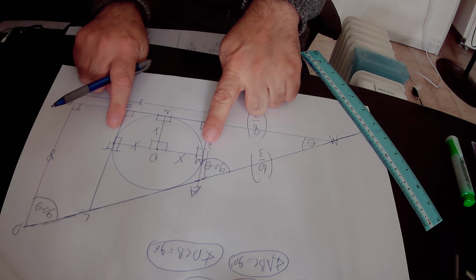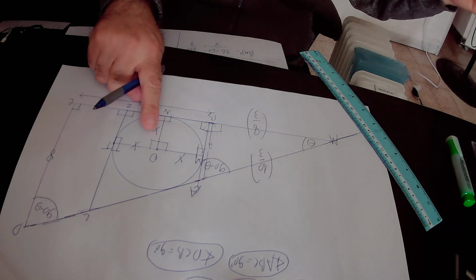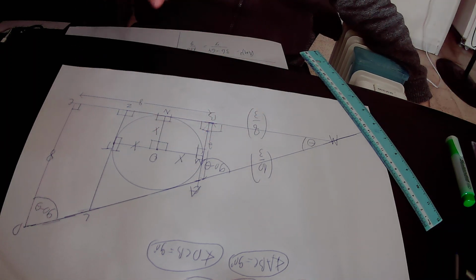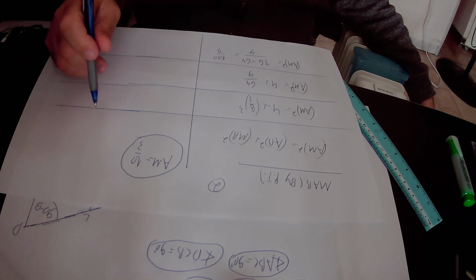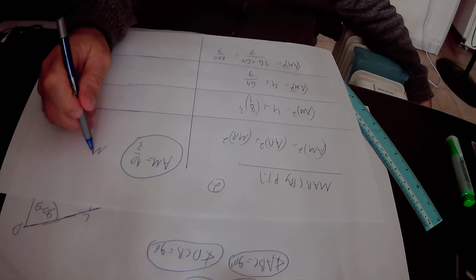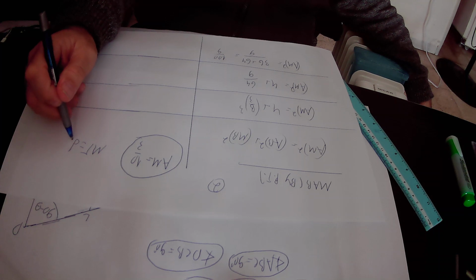Line segment MT is a chord that passes through point O, that is the center of the circle. Any chord that passes through the center of the circle must be the diameter of the circle. Therefore, MT is the diameter of the circle. You can write down here that line segment MT is the diameter of the circle.